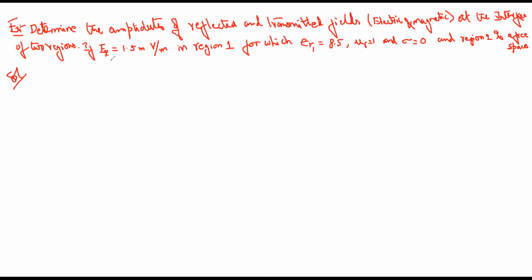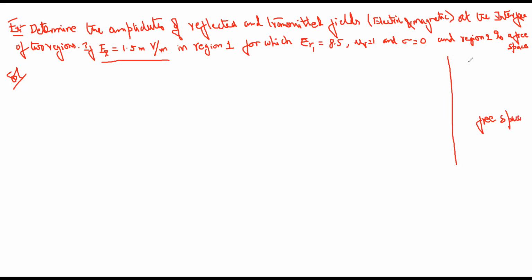If EI is equal to 1.5 millivolt per meter in region 1, because the incidence is always in region 1, for which epsilon R1 is equal to 8.5, mu R is equal to 1, and the conductivity is 0. If conductivity is 0, definitely that is a dielectric medium. And it says region 2 is free space.